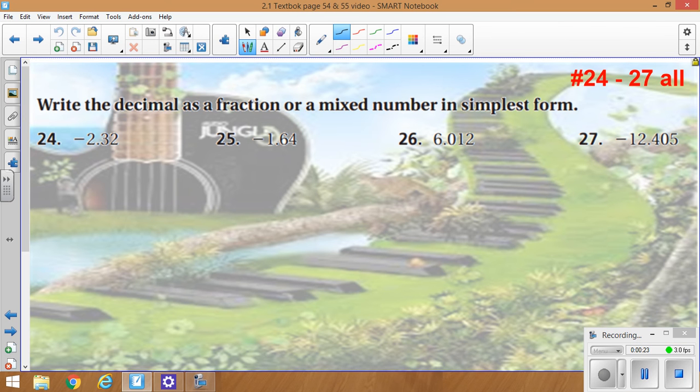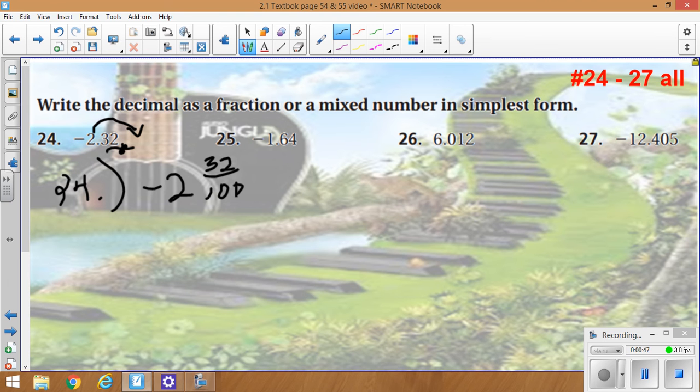Okay, so I'm going to begin with number 24. We're going to take the integer -2 and bring that over. So -2, and 32 hundredths is going to be written as 32 over 100, since the 2 is in the hundred spot.